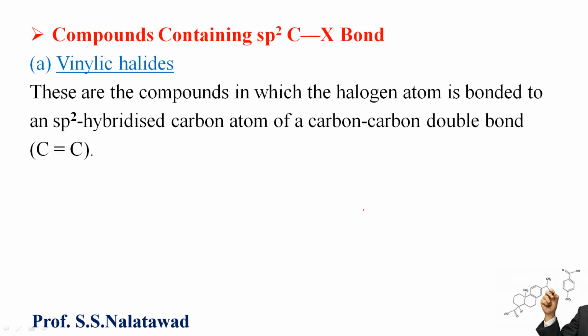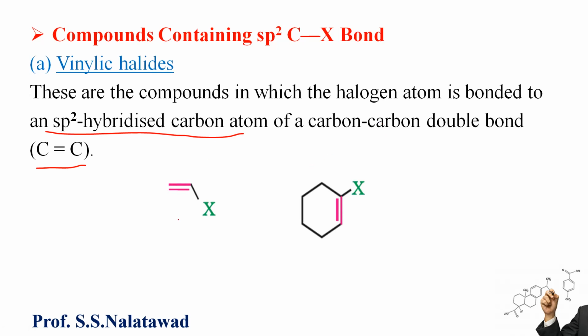And second type is compounds containing sp2 carbon-halogen bond. These are further classified as vinylic halides and aryl halides. In that, first type is vinylic halide. These are the compounds in which the halogen atom is bonded to sp2 hybridized carbon atom of carbon-carbon double bond. Here the examples are like this.